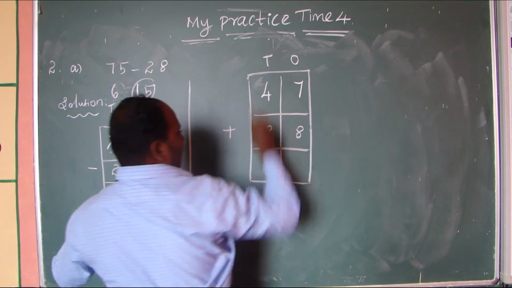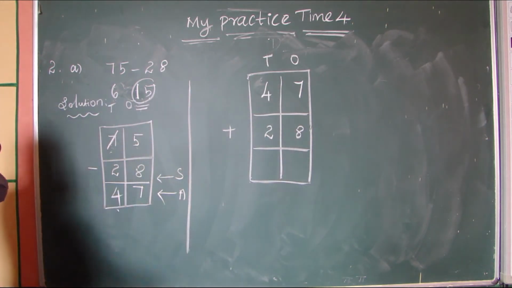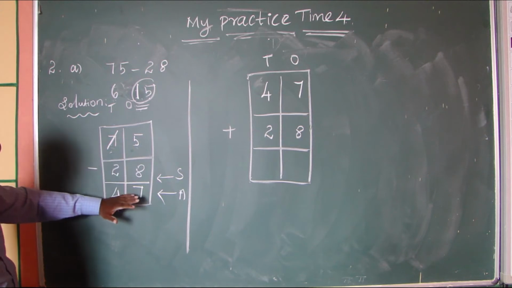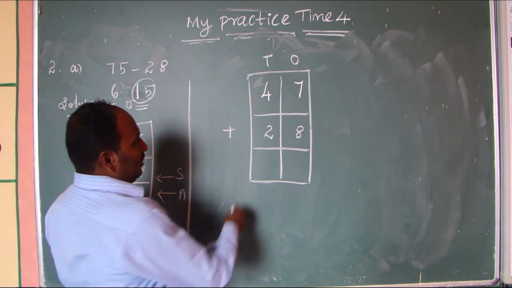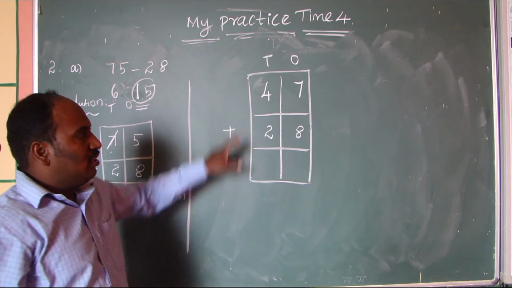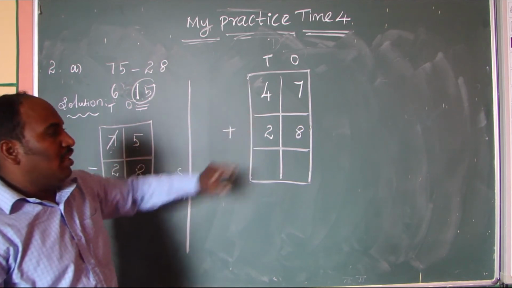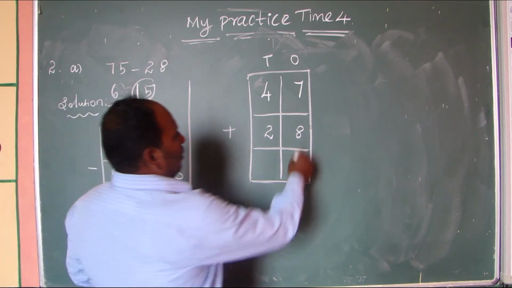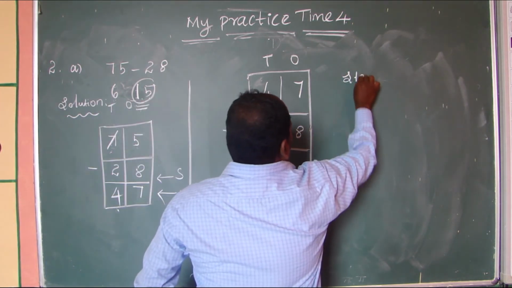Ones and tens. 47 plus 28. 47 is the first term and the second term is 28. Step 1.